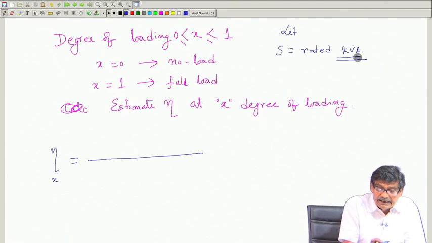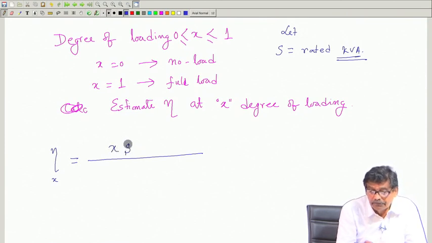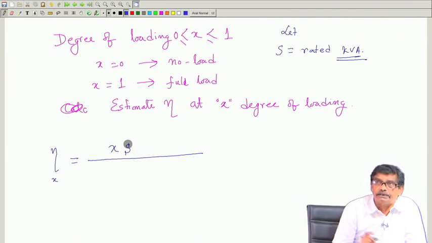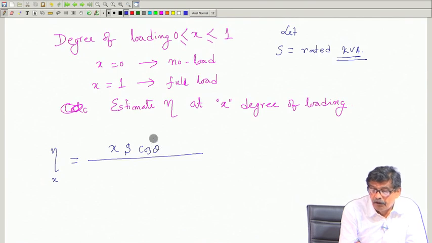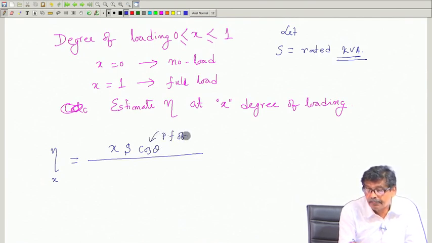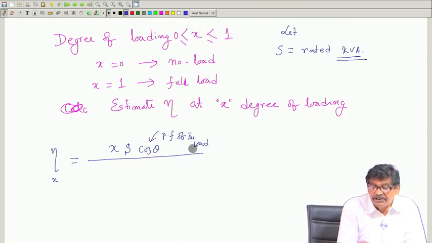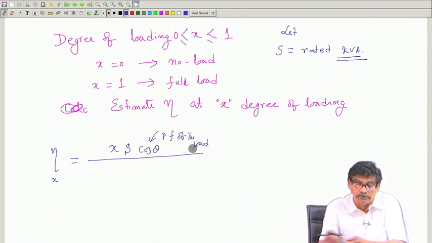Then when the degree of loading is x, the output will be x into S, where x equal to 1 means it is supplying rated kVA, into cos theta, the power factor of the load, because in the definition of efficiency I have to calculate kilowatts supplied to the load.